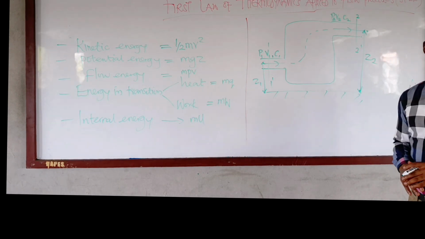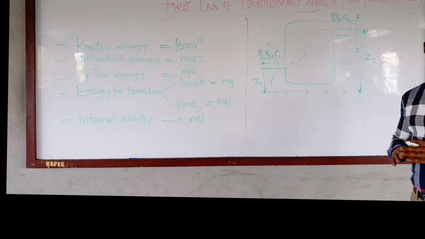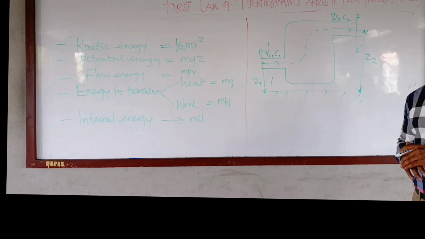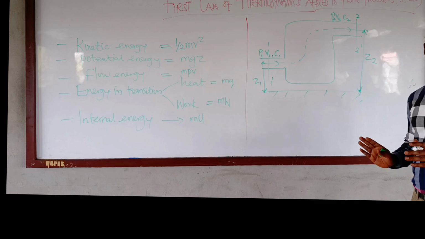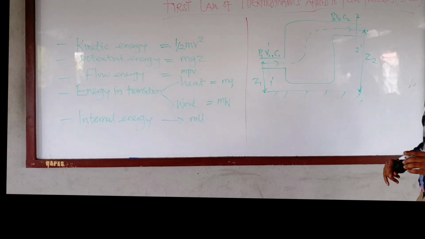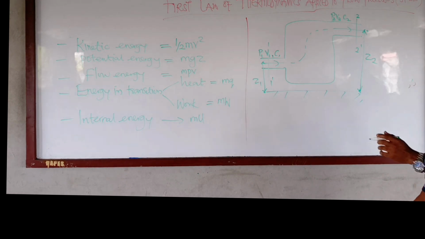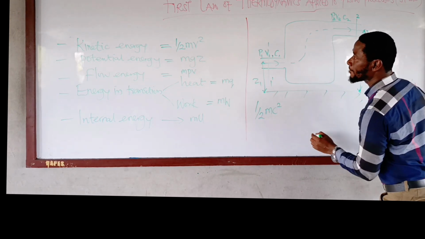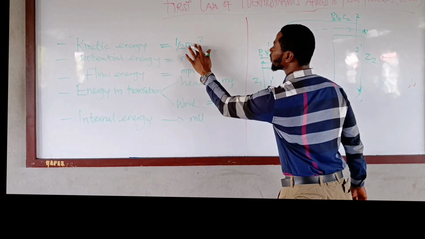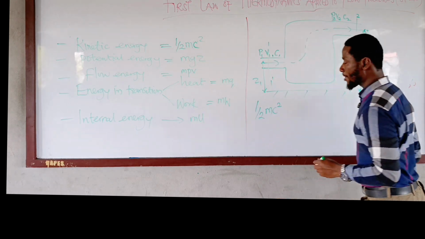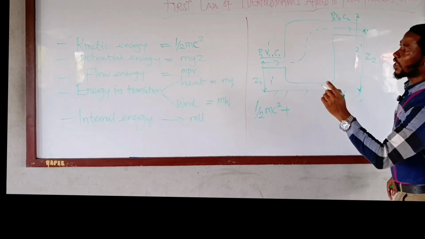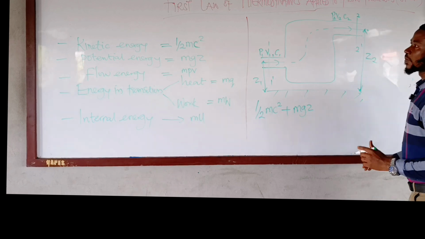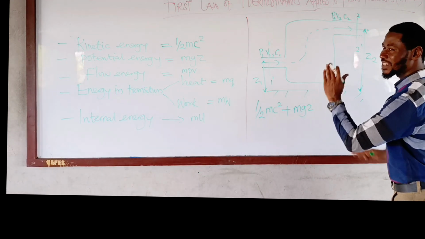Now, going by what I have just said earlier, if we want to form the steady flow energy equation, we need to add up all these forms of energy together. So we are starting with kinetic energy. We have half mc square, plus the potential energy mgz, which is for state 1.